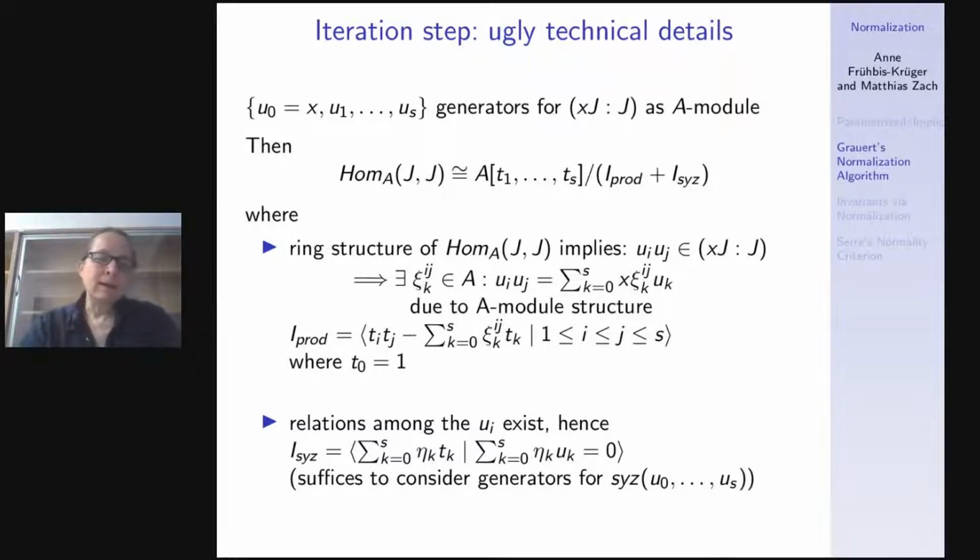And of course, in here I wrote all relations, but it is completely sufficient to take just a set of generators for the so-called module of relations or syzygy module of u0 to us. And we get those contributions, and you see they are computable without problems.